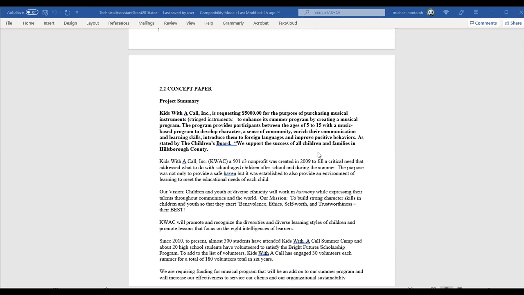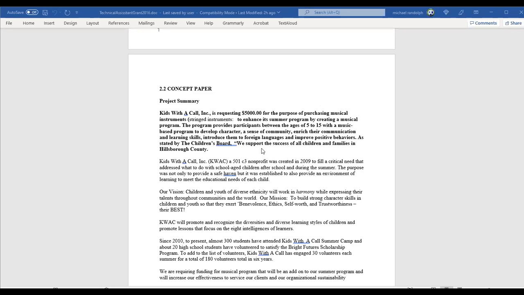Okay. Kids with a Call Incorporated is requesting $5,000 for the purpose of purchasing musical instruments, string instruments, to enhance its summer program by creating a musical program. The program provides participants between the ages of 5 to 15 with a music-based program to develop character, a sense of community, enrich their communication and learning skills, introduce them to foreign languages, and improve positive behaviors.